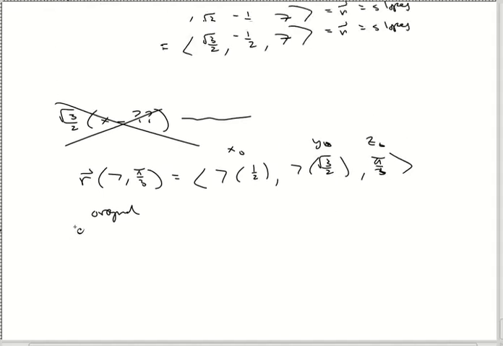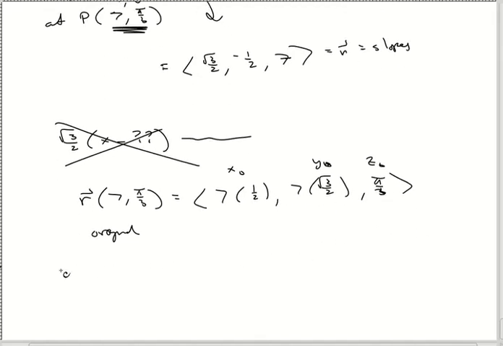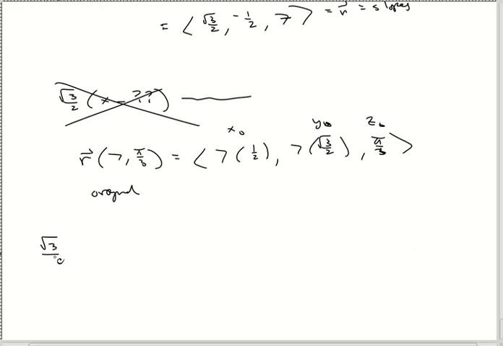Now I can go back and do my slopes and my point. So here we go, finally. Square root 3 over 2, x minus 7/2. Minus 1/2, y minus 7 square root 3 over 2.